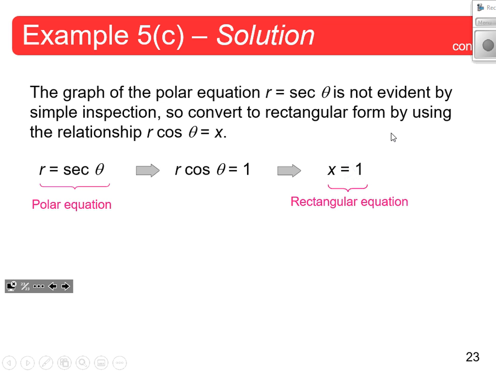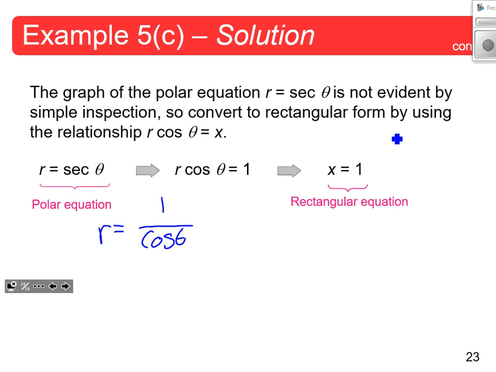Now, the polar equation r equals secant theta is the same as r cosine of theta is equal to 1. Okay, let's break this down a little bit. r is equal to 1 over cosine of theta, because secant is 1 over cosine.